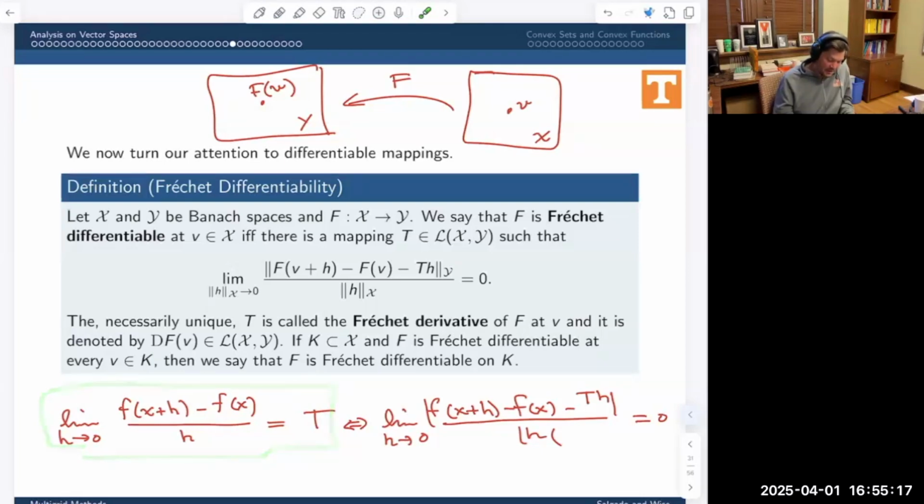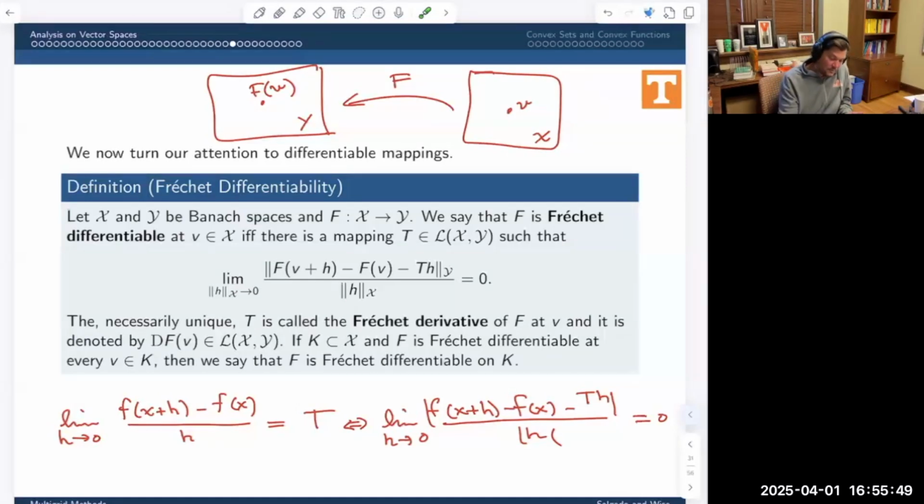Now, it's not normal to think about t as being a linear operator, simply a number. But actually, I can think about a number as being a linear operator. It's a linear mapping under the multiplication operation. And so this number really is a linear operator from x, which in this case is just the real number line, into y, which again is the real number line.